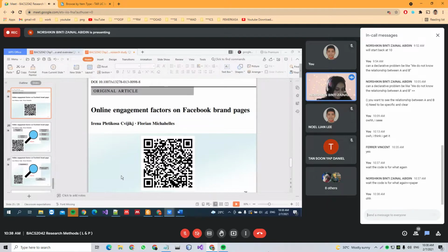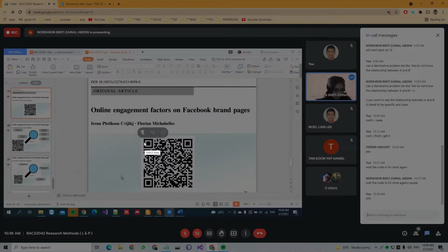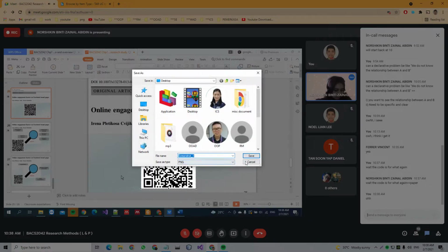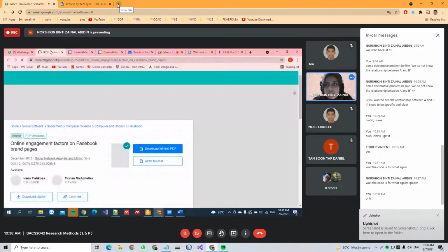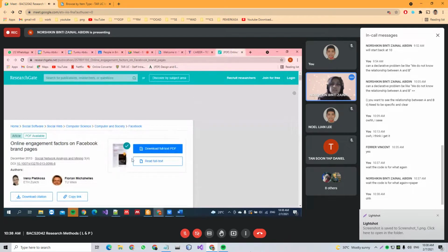The code is a paper that will lead you to a web. So I already scanned this code and I have the paper from the code.